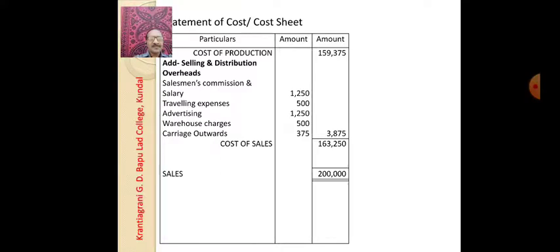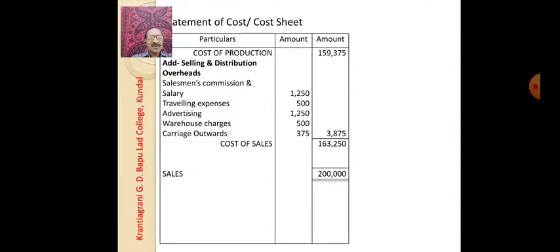Now in this problem the sales are rupees 2 lakhs. Sales minus total cost, the balance is either profit or loss. When sales is greater than cost of sales or total cost, we treat it as profit, and when cost of sales or total cost is greater than sales, we treat it as loss.